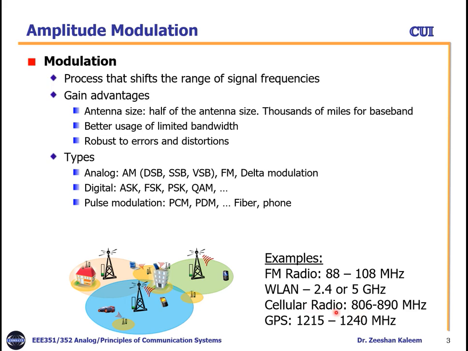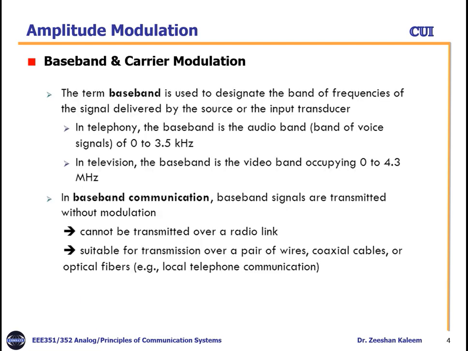Cellular radio usually lies between 806 and 890 megahertz, and so on. So baseband communication cannot be transmitted over a radio link without modulation; it is suitable for transmission over a pair of wires, coaxial cables, optical fibers, etc.